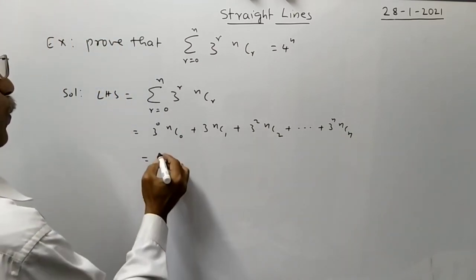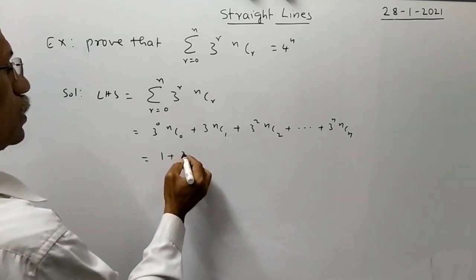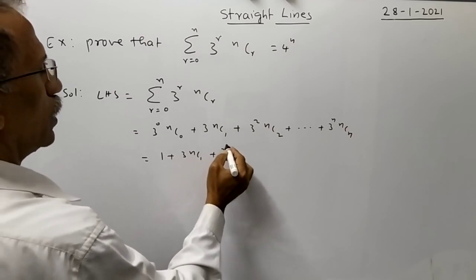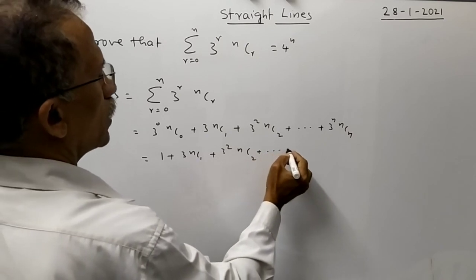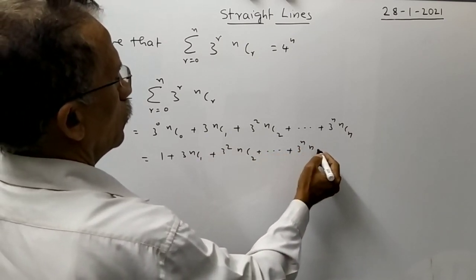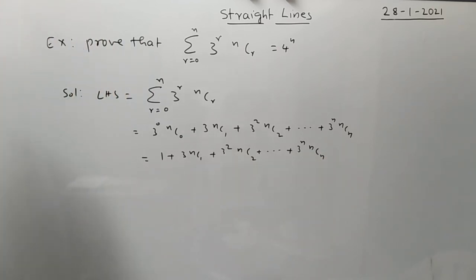This is equal to 1 plus 3 into nC1 plus 3 square into nC2 plus and so on, plus 3 raised to the power n into nCn. Is it not looking like the expansion of 1 plus x whole raised to the power n?